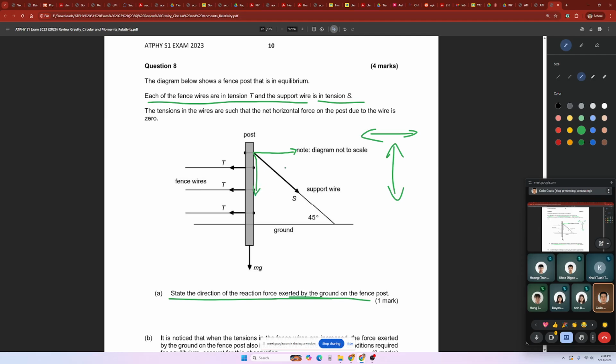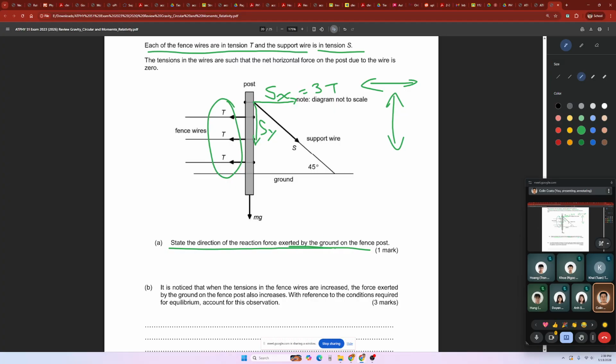So that makes sense. If this is in equilibrium, this in the x direction will equal these three. And this downwards one is xy. Oh, and we have downwards mg. Well, state the direction of the reaction force of the ground.